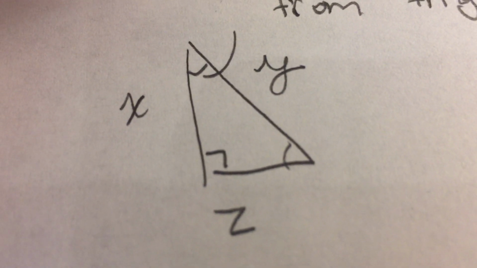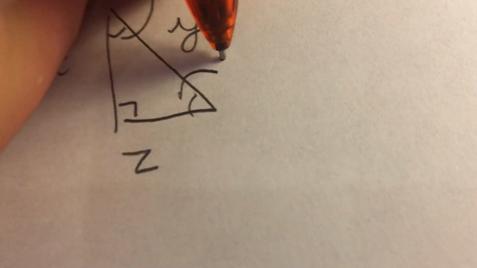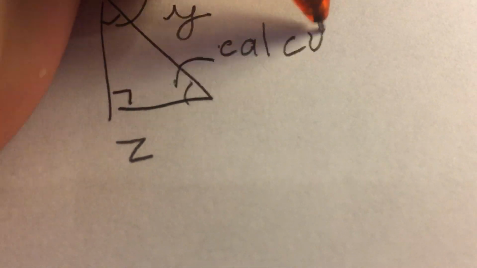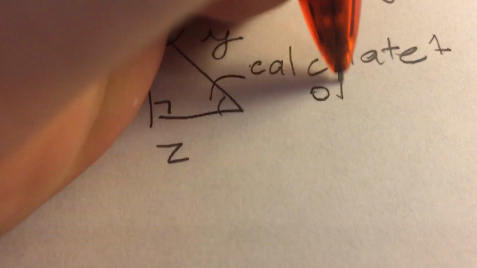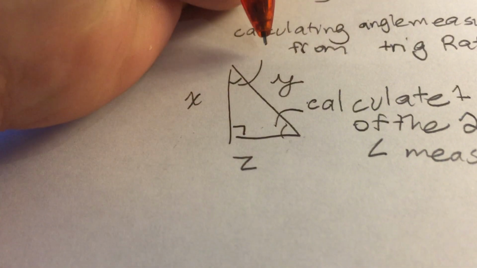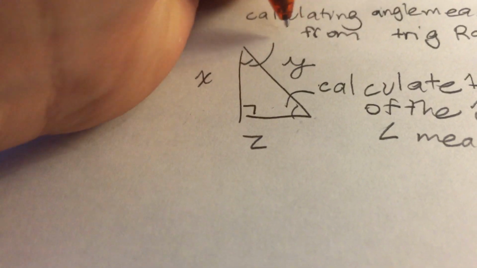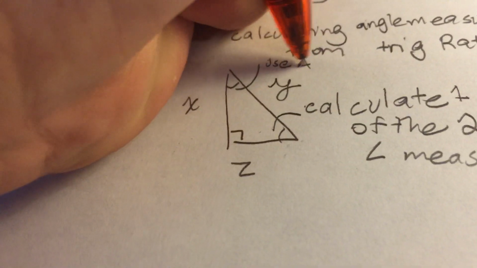Like this one, you can calculate one of the two acute angle measures. And the way you can find the other from there is the triangle sum theorem.